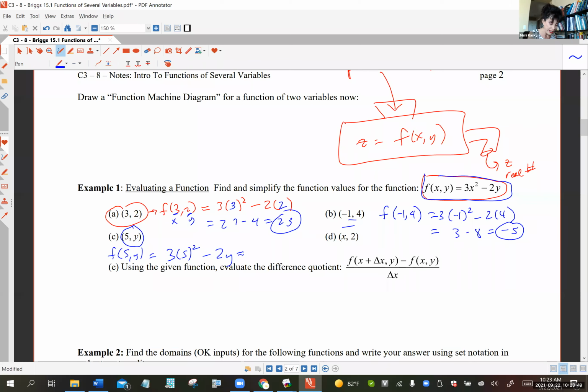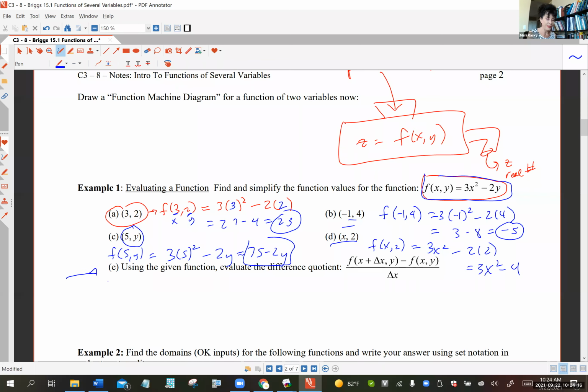And so you'll get an expression in y, 75 minus 2y. There's your answer for letter C. And similarly, letter D, suppose we have a variable x, but a fixed value for y. Okay, f evaluated at (x, 2) is 3x² minus 2 times 2, and that's 3x² − 4 in x.